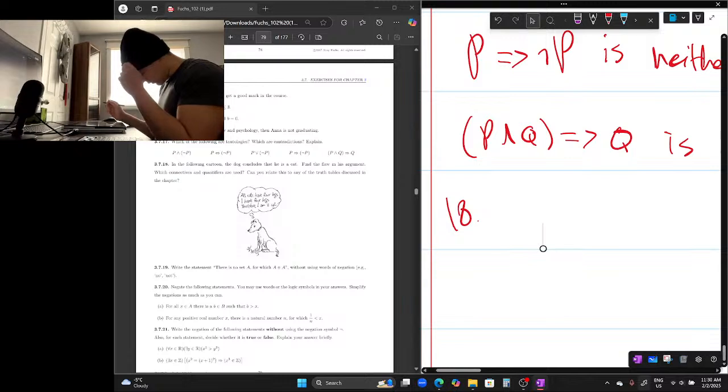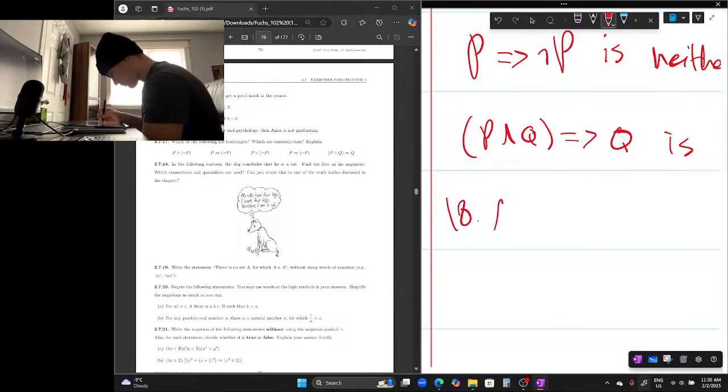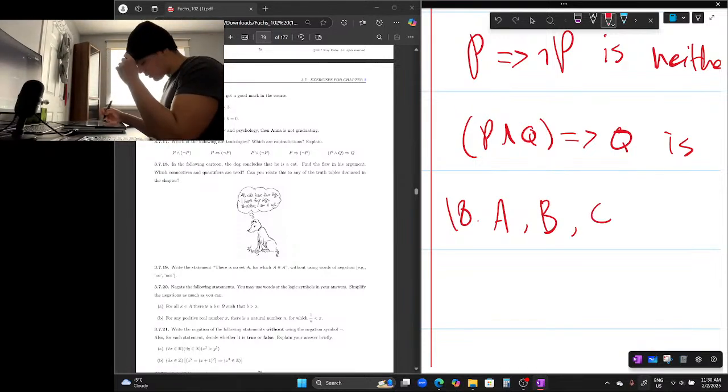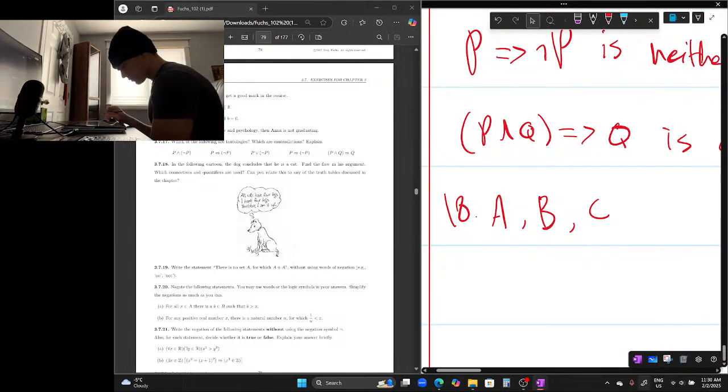So if we read it as a statement, then we can say let A be all cats have 4 legs. Let that be it. And then let B be, do you have 4 legs? And let C be, they are a cat. Or I guess we don't need to write A because A is always true.